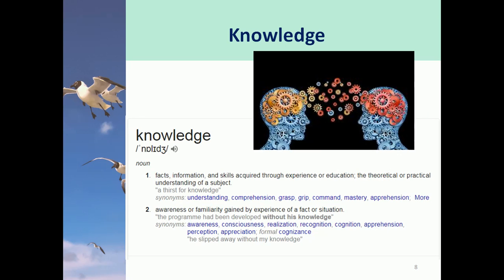The definition of what is knowledge is one that has been studied for probably as long as philosophy itself has existed. A commonly held idea is that knowledge is justified true belief.